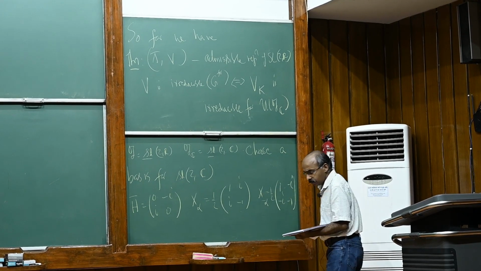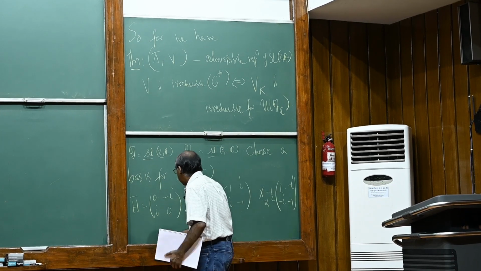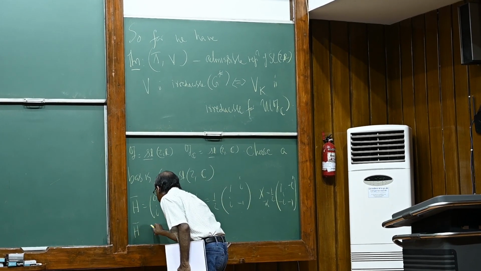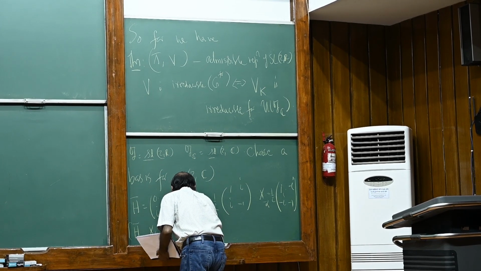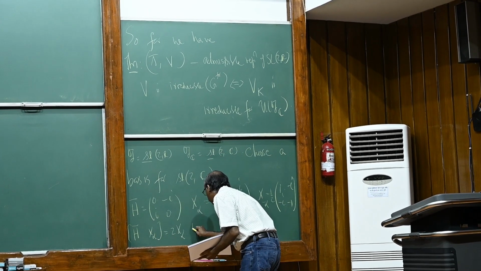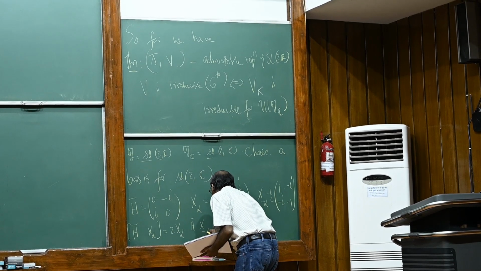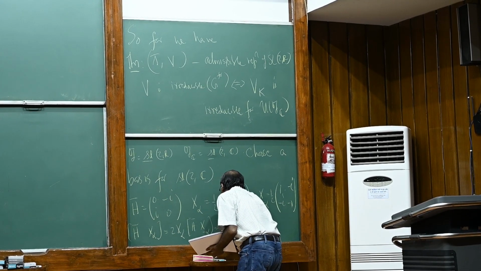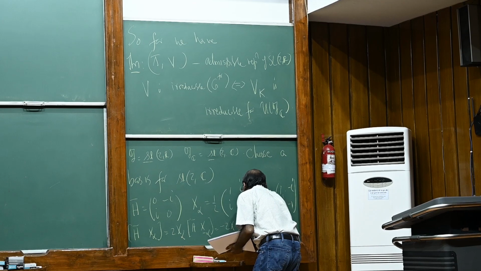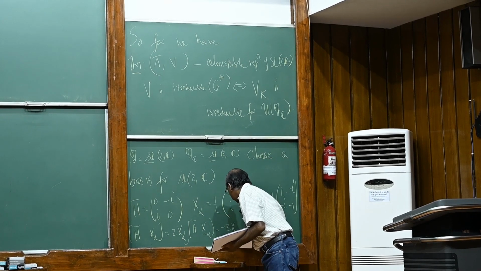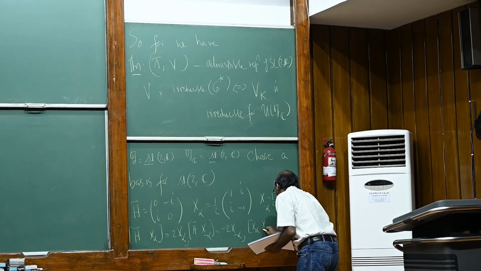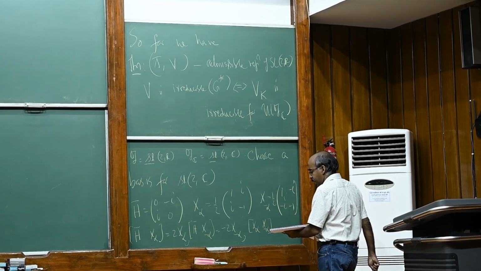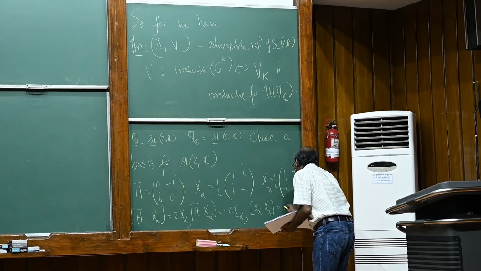And the bracket relations are: [H bar, X alpha] equals 2 X alpha, and [H bar, X minus alpha] equals minus 2 X minus alpha, and if you take the bracket of X alpha and X minus alpha, so you have seen this in many forms by now, this is H bar.